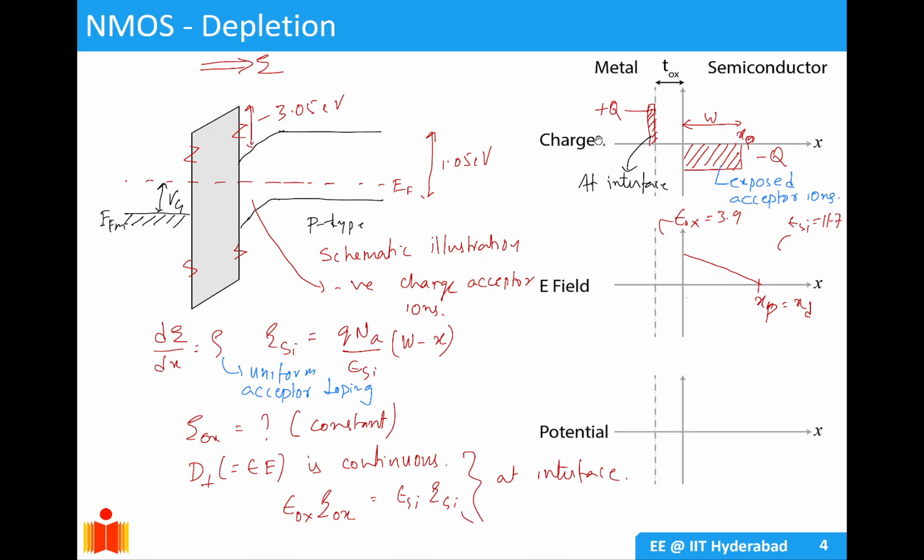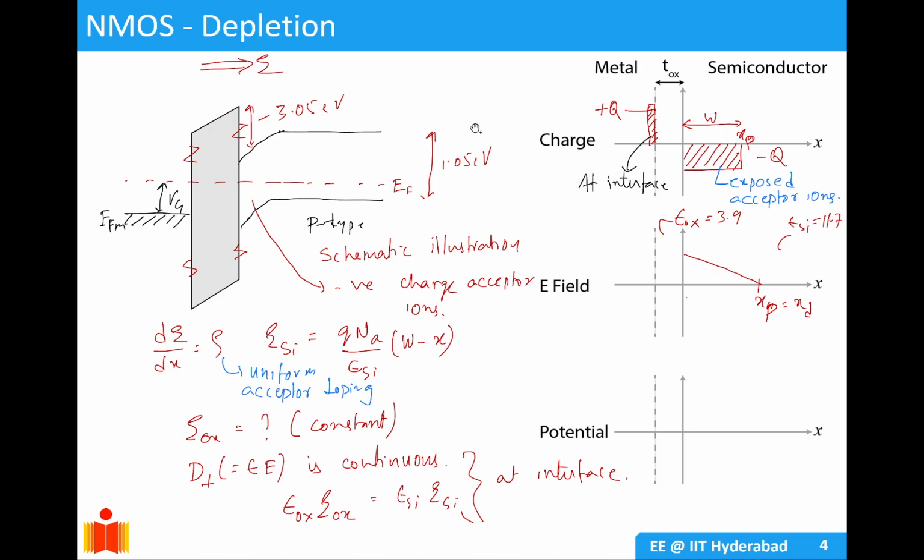So now if you draw the charges in this case, for the metal, since you have applied a positive charge, you have a positive charge here, but it's only at the interface since it's a metal. So in the bulk there will be no charge accumulation in the metal, only at the interface.